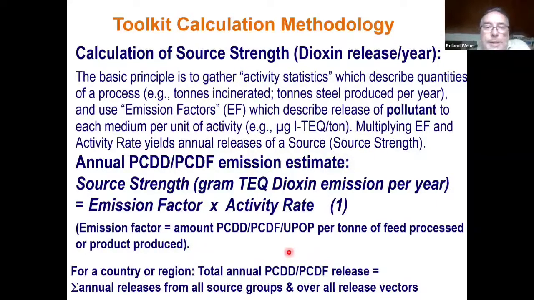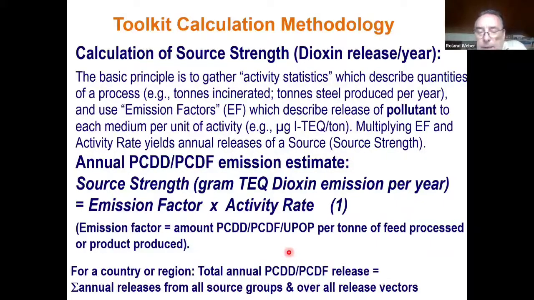And then the toolkit gives you the emission factors, which are describing the amount of dioxin released to air and also on the residues, for example. So what you need to do is to gather the activity statistics and then multiply with the emission factors. And by multiplying the respective emission factors for the different sources, then you get the milligram and gram of dioxins for the individual sources.